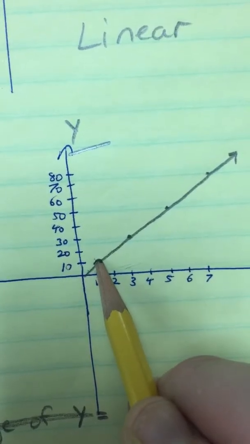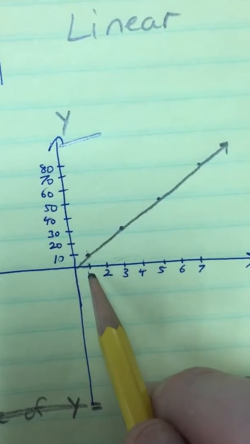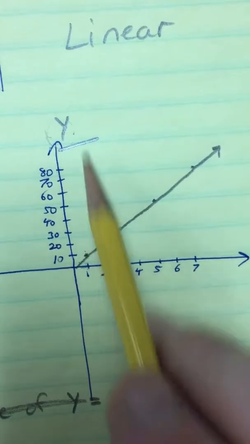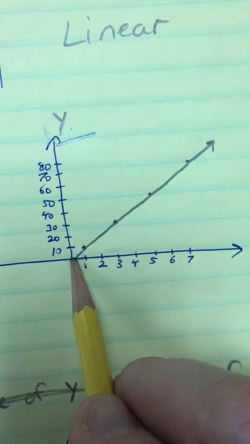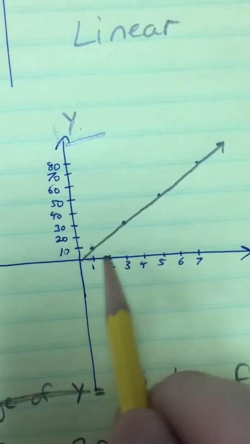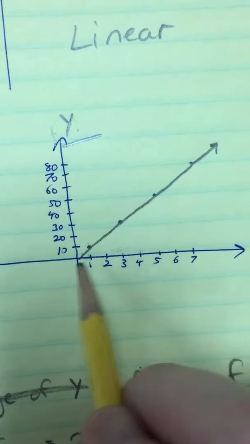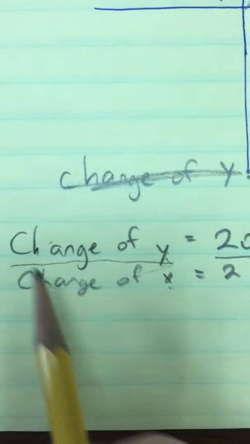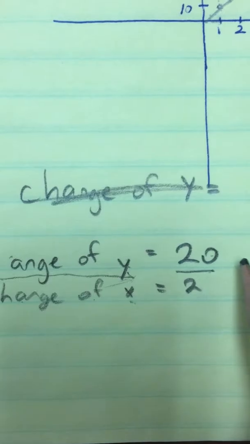It went up 10, from 0 to 10. We take our change in y, our rise going up, first, and then we take our change in our run, or our x. We run along the ground. So it is rise over run. Change of y over the change of x.